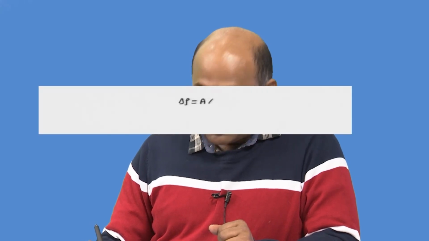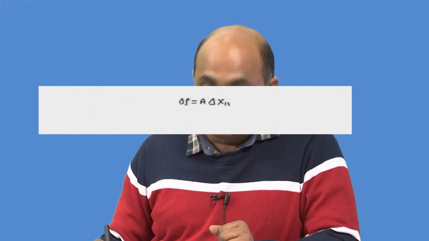Now, if the density of dislocations and the grain boundary area remain constant, the only contribution to the change in resistivity is from the change in vacancy concentration, because we are doing the measurements at the same temperature, so rho T is also the same. Then we can write delta rho is equal to some constant A times delta x1v. So, how do we keep the grain boundary and dislocations constant?